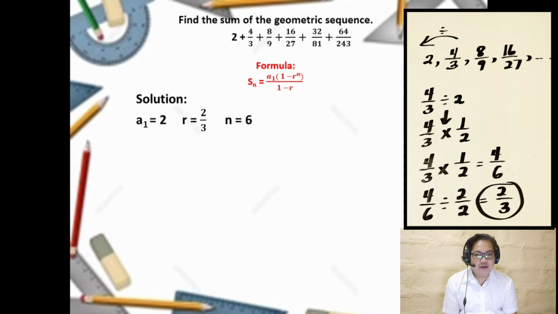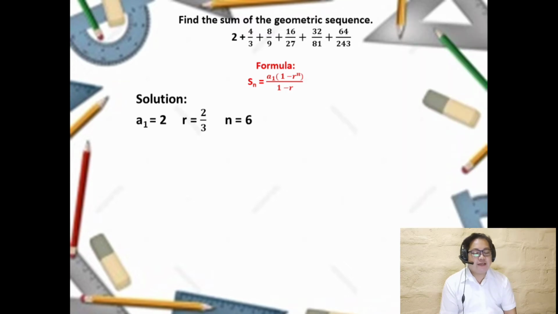Then, multiply the numerator to numerator, the denominator sa denominator. So, we have 4 times 1 equals 4, and 3 times 2 equals 6. So, we have 4 over 6. And 4 over 6 in lowest term is 2/3 because both can be divided by 2. So 4 divided by 2 is 2 and 6 divided by 2 is 3.